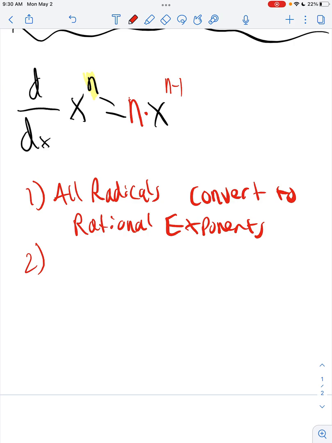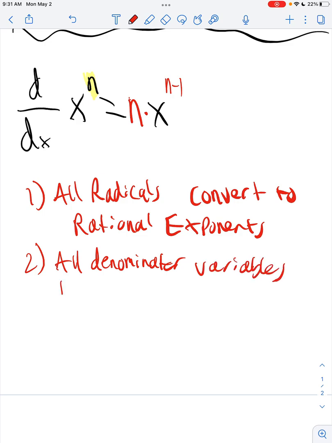Second, we have to bring all denominator variables up to the numerator. And third is that all parentheses are resolved and all terms expanded.